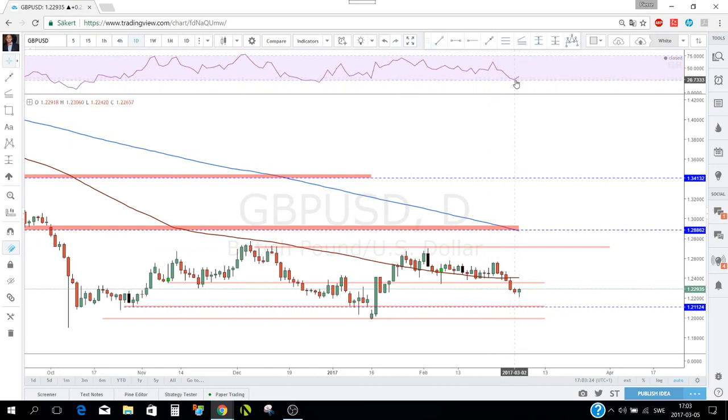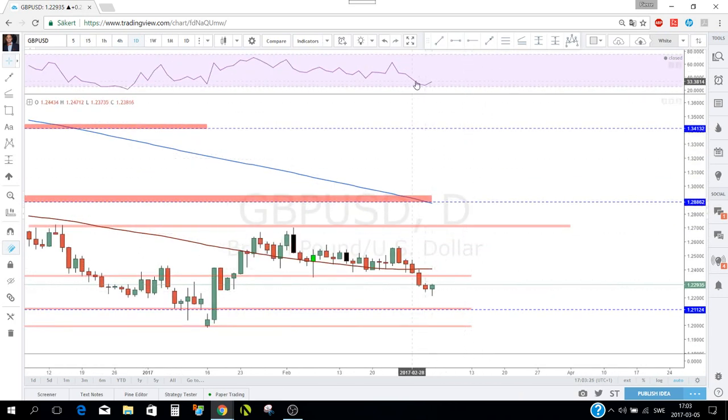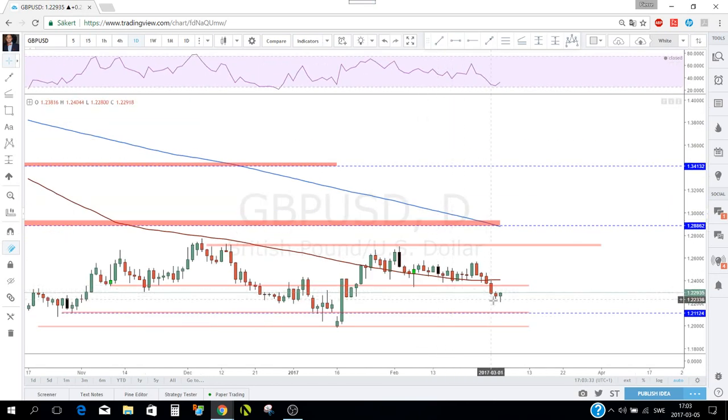Let me show you the daily first. The RSI got a little near the oversold area, and did find some support back down here.